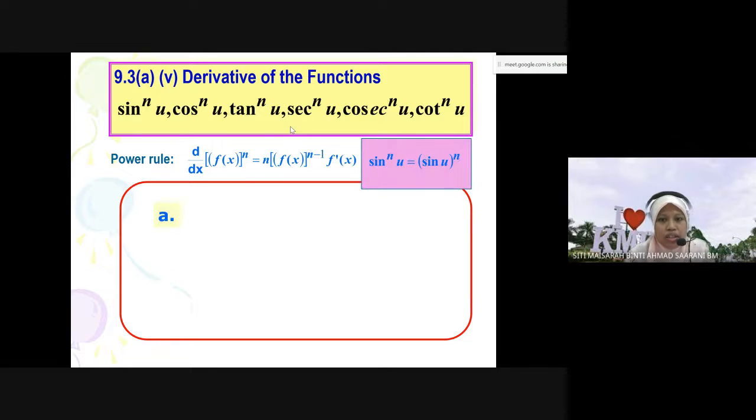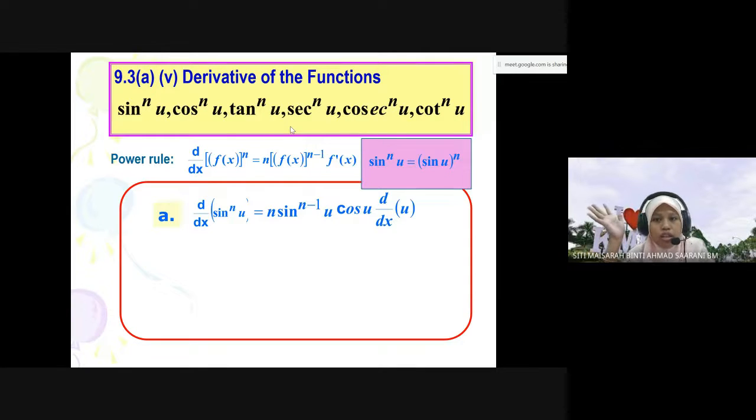So we have the first one, A, differentiate with respect to x sine u to the power of n equals, we get n sine n minus 1 u cos u differentiate u with respect to x. Okay, if we look at the power rule, we bring the power down to the front. It affects the power n, we bring n to the front, then we subtract 1 from the power. Multiply by the derivative of the inside.